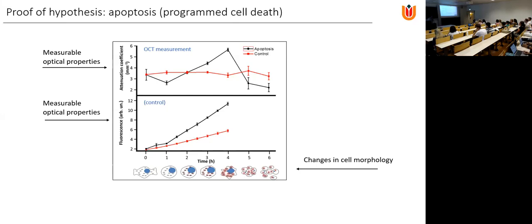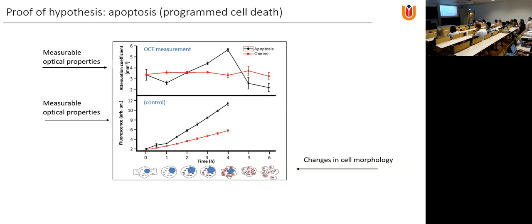We did that by putting cells in a petri dish and letting them go through apoptosis. Apoptosis is programmed cell death. As you continuously refresh your cells, the old ones die out and you refresh cells.